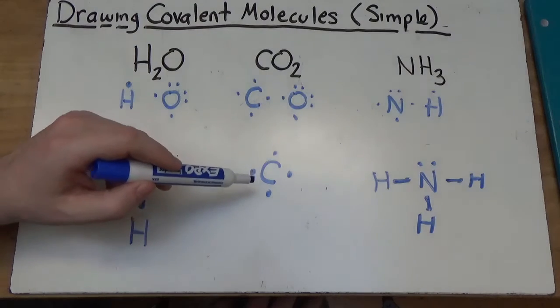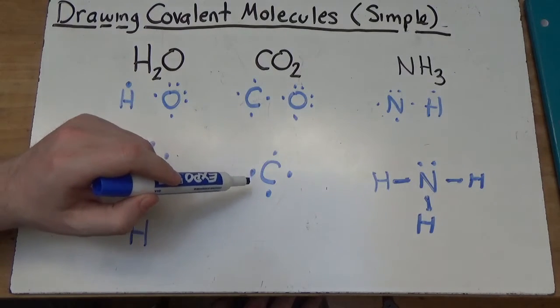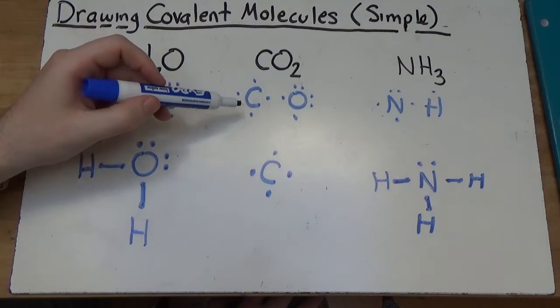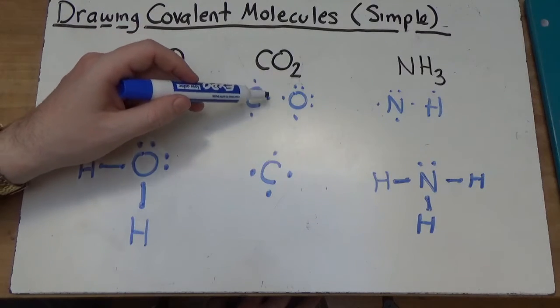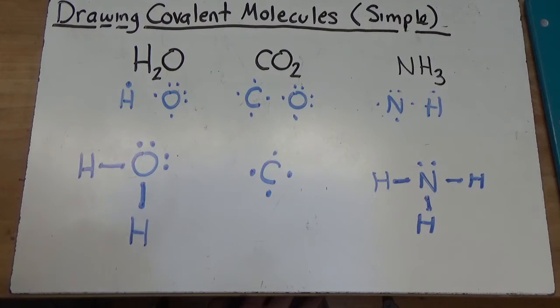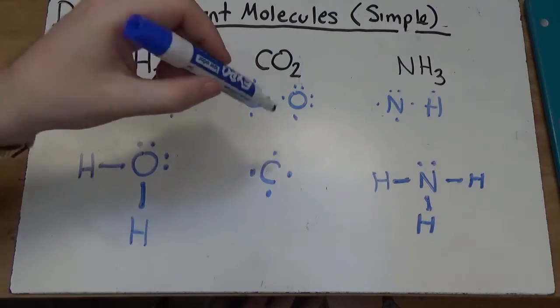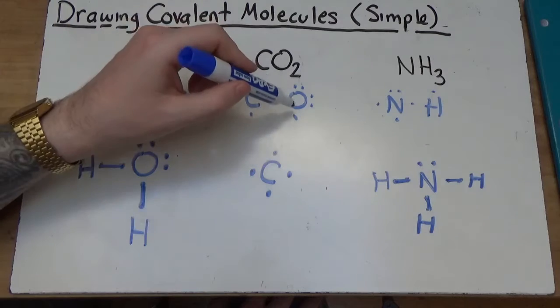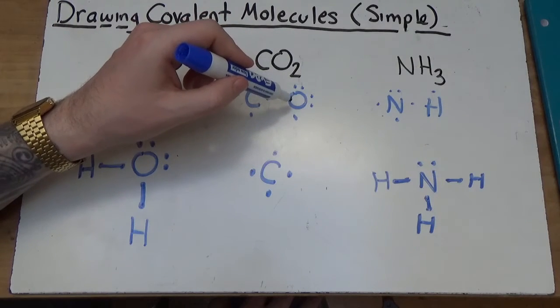Once you get to something like this, though, there's a little subtlety that happens. You see that carbon has 4 single electrons, right? All of those single electrons must form a bond. So that means that carbon can form 4 bonds, and oxygen can form 2.